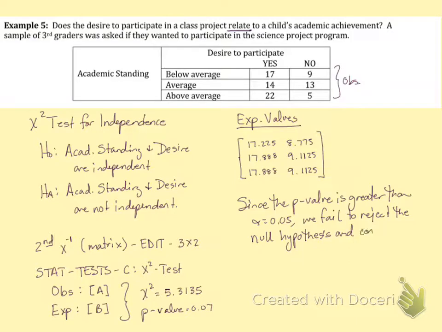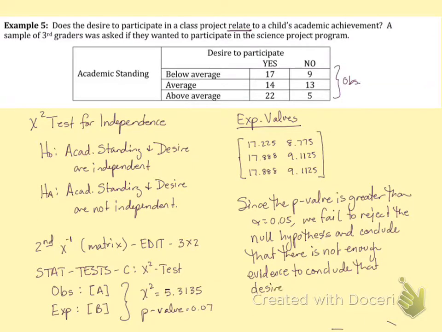And conclude that there is not enough evidence to show that they are not independent, or not enough evidence to conclude that desire and academic standing are related.